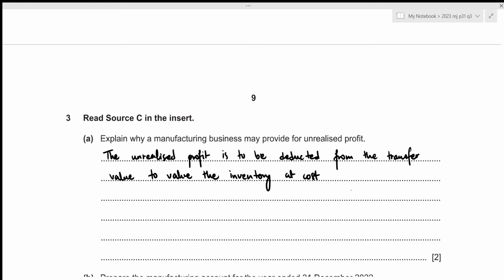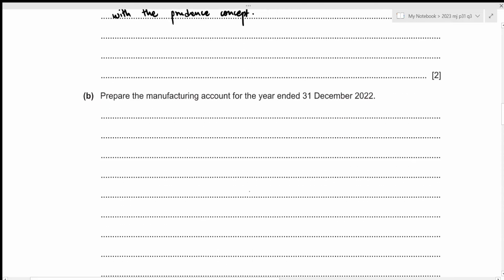And this is done according to prudence concept, because under that concept we cannot really overvalue our assets and profit. So which is consistent with the prudence concept. Alright, that's all for the first part of this question. Let's move towards the second one.